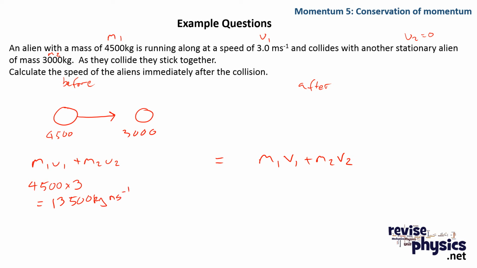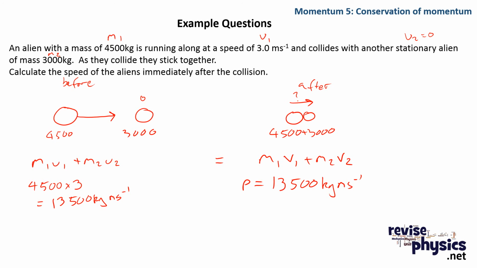This one here has a velocity of 0, so we don't have any momentum for that. After, they both stick together, so I have a total mass of 4,500 kilograms plus 3,000. And we want to work out what the final velocity is. So I know that my momentum afterwards has to equal the momentum before. So it has to equal 13,500 kilogram meters per second.